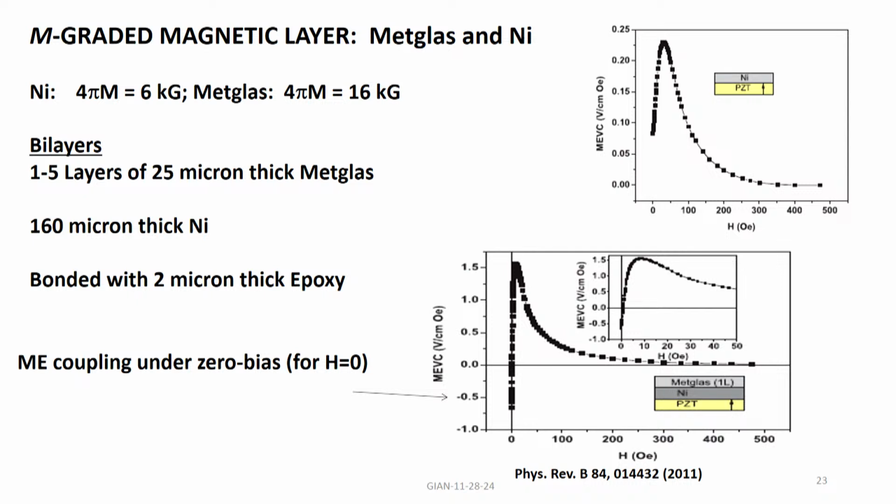And look at this value here. It has a non-zero voltage coefficient, which is rather good. It is close to 1 volt per centimeter Oersted. So, this can behave as a self-biased sensor element. That is the whole idea.